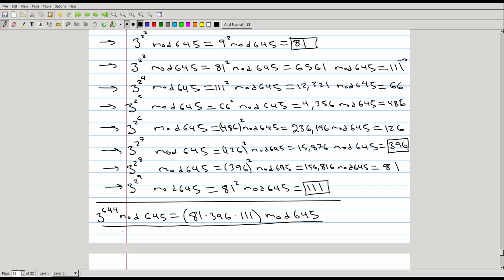First, we'll do 81 times 396 mod 645. This is going to end up being equal to 471.